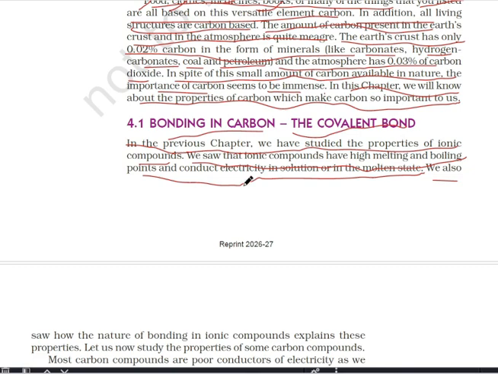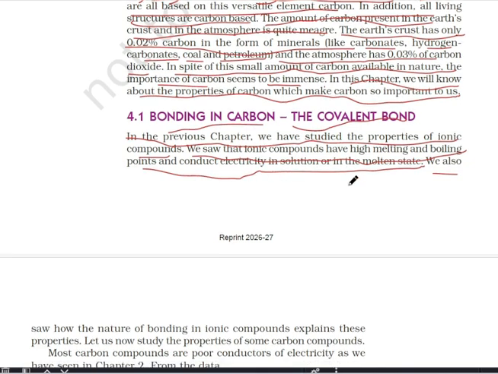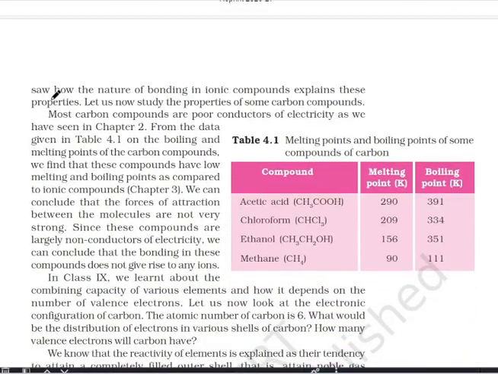We saw how the nature of bonding in ionic compounds explains these properties.